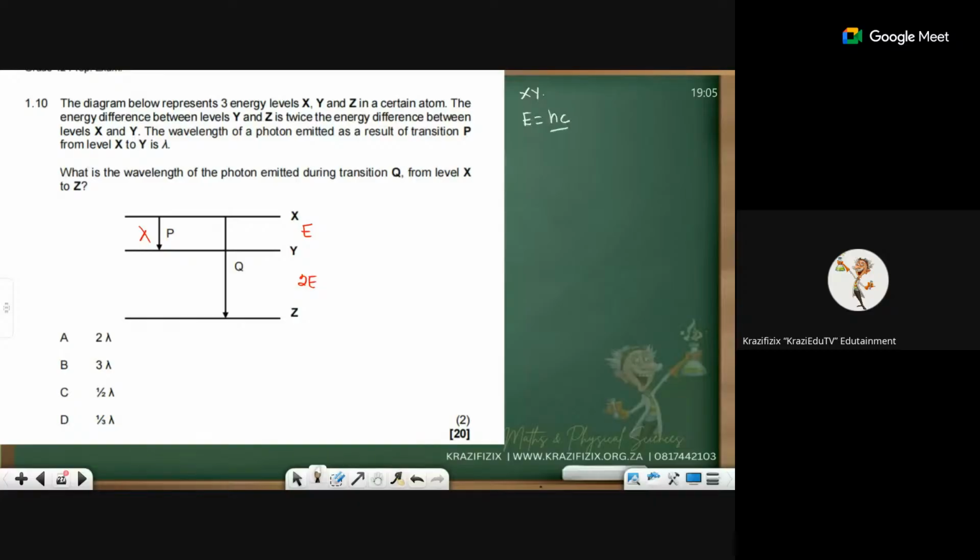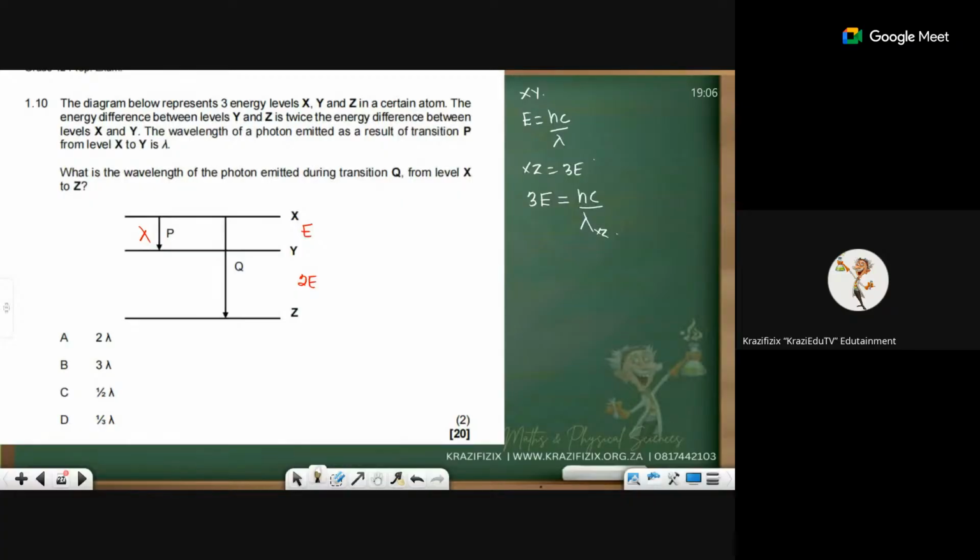Standard. Now, between X and Z, what do I have? 3E. Right? So 3E is what? HC over, I'm looking for this lambda, let's call it lambda XZ.